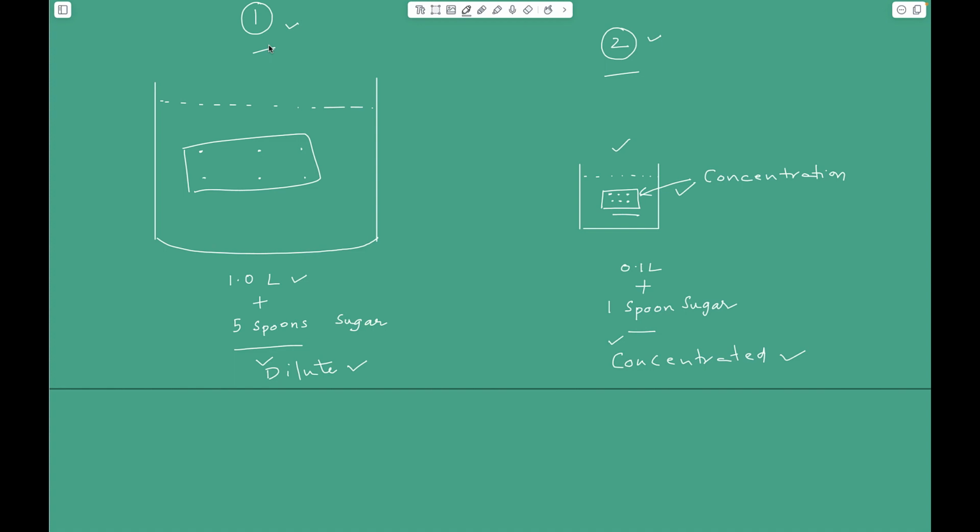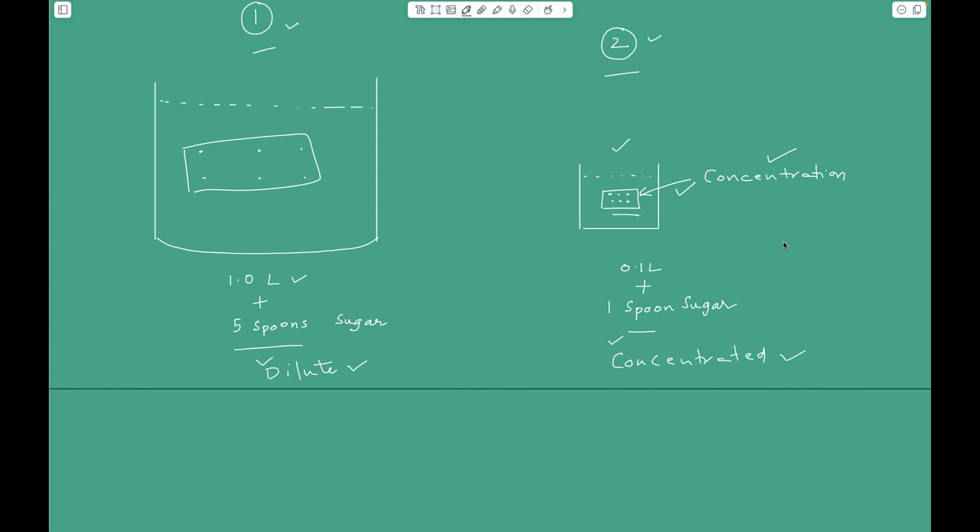But by how much? By how much is the second solution sweeter than the first solution? So, if you want to quantitatively compare the concentrations of different solutions, you must be able to assign a number for the concentration of the solution. That is, a number to the crowdedness of the solute particles in a solution.